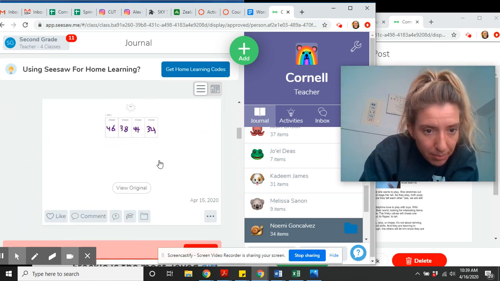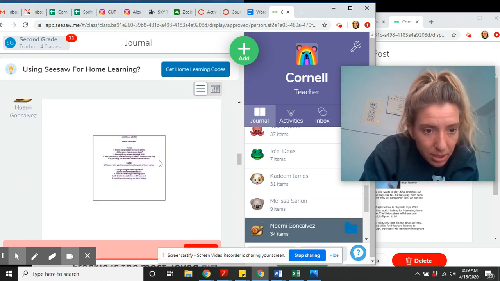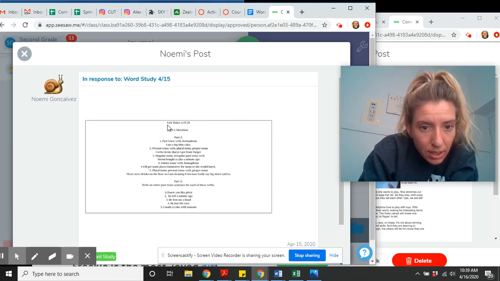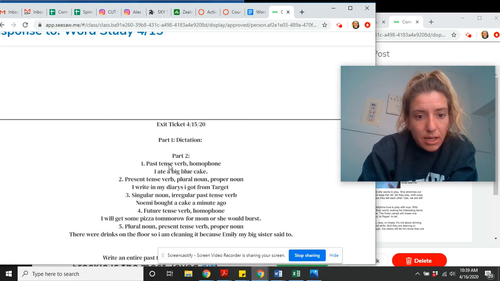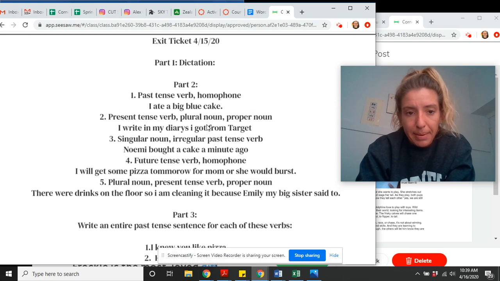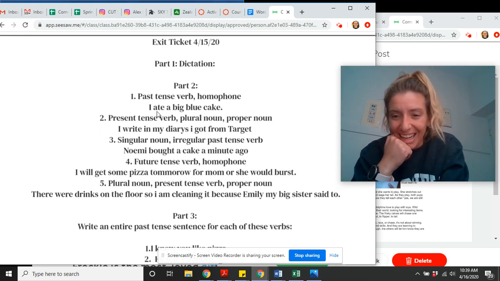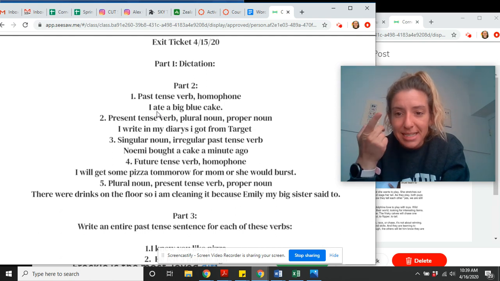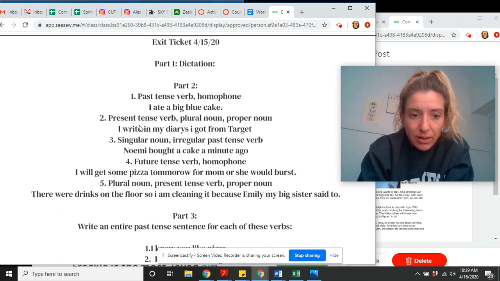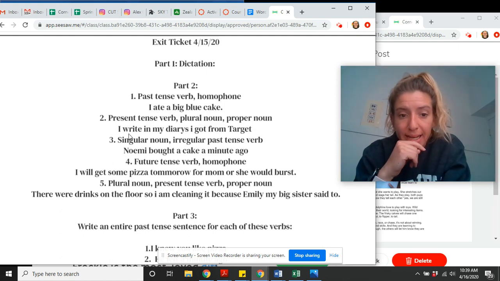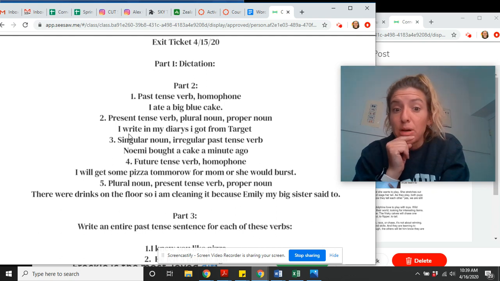Another person that had really clear work for these tricky ones is Noemi. So shout out to you as well, my friend. She even did it right in typing. Past tense verb and homophone. I ate big blue cake. Blue is the homophone. Past tense verb is ate. Present tense verb and plural noun. I write in my diaries I got from Target.